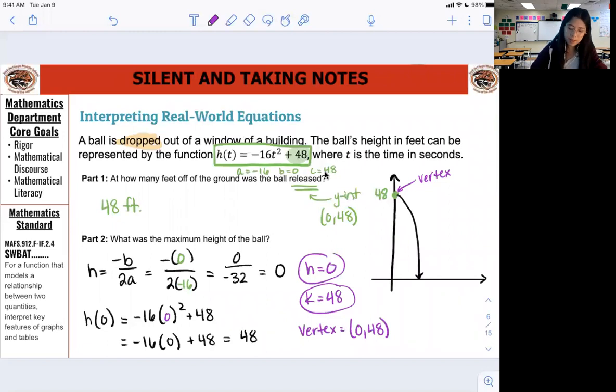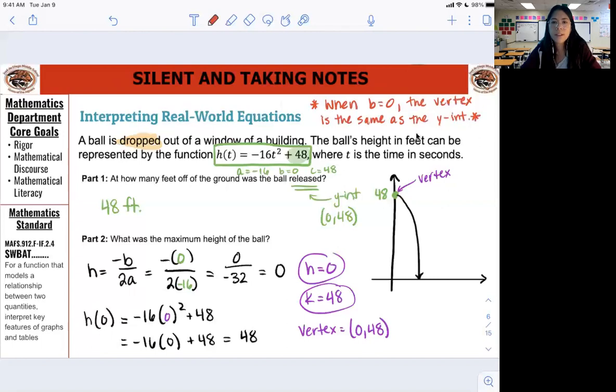So I'm going to write that down at the top. This is something you can write down as well. When b equals 0, the vertex is the same as the y-intercept. All right, so that's a big, big clue. If you see an equation like this where there is no b, then you know that the maximum height is the same as the initial height.